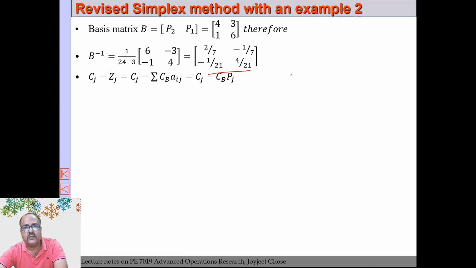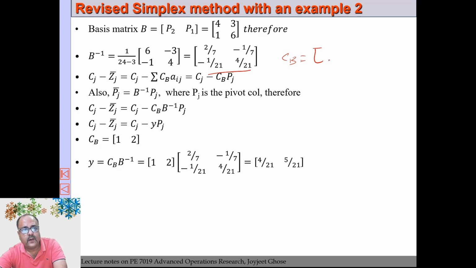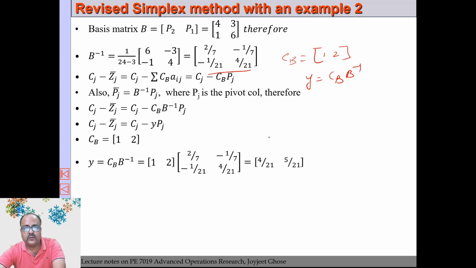So here again we will find out CB. CB is required. CB is the coefficient of x2 and x1. It is 1 and 2. Therefore y we have to find out. CB B inverse. So y comes out to be this value. So once we have y, we need to find out C3 minus Z3 bar and C4 minus Z4 bar.